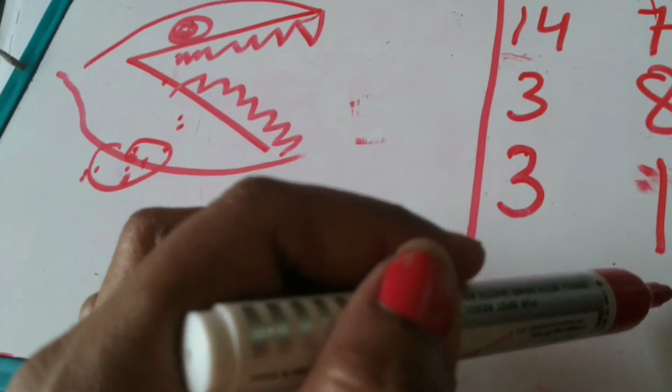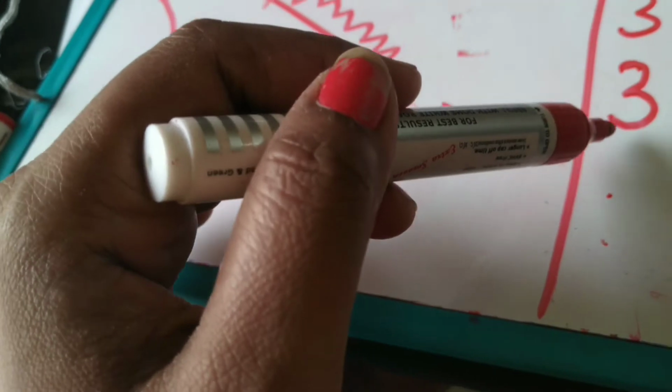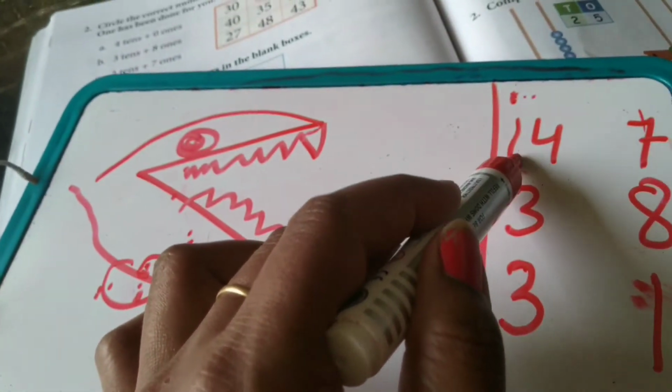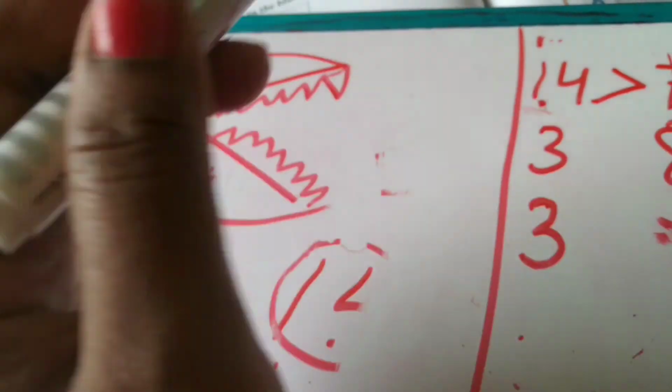Let us see. Always see the first digit, that is this hand side. Always see this hand side digit only. Never compare with this side. And this 14 is big, so the mouth will open this side.